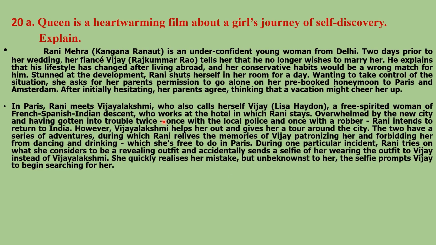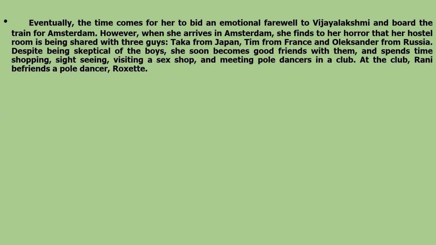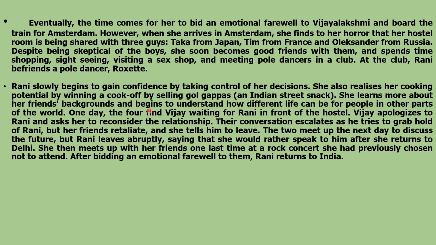She meets three friends, whom first she is doubtful, skeptical, and by then she becomes very friendly with them, and finally she discovers herself, and then eventually the time comes for her to bid an emotional farewell to Vijayalakshmi and board the train for Amsterdam. She visits Amsterdam and she encounters all types of experiences over there, and finally she goes back to Delhi to her place, with a totally transformed personality.